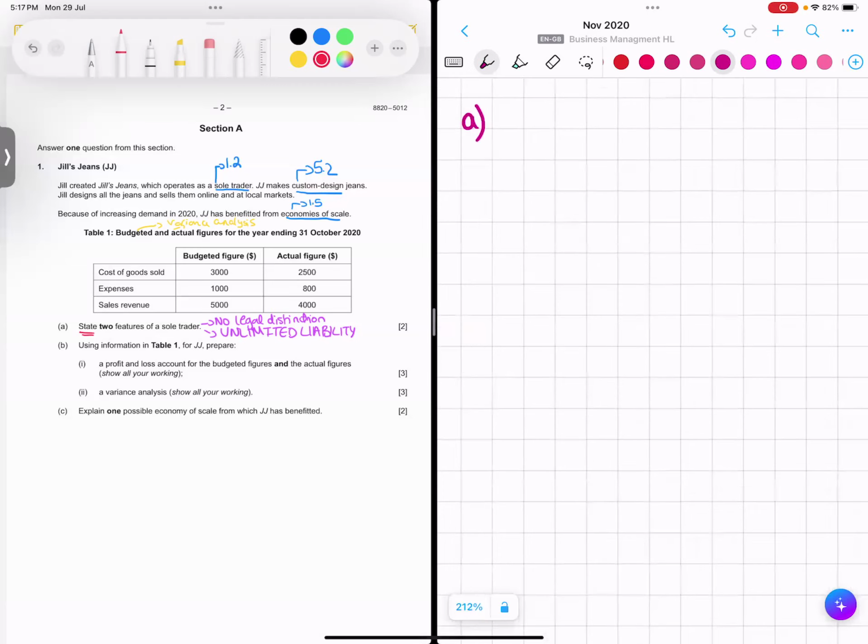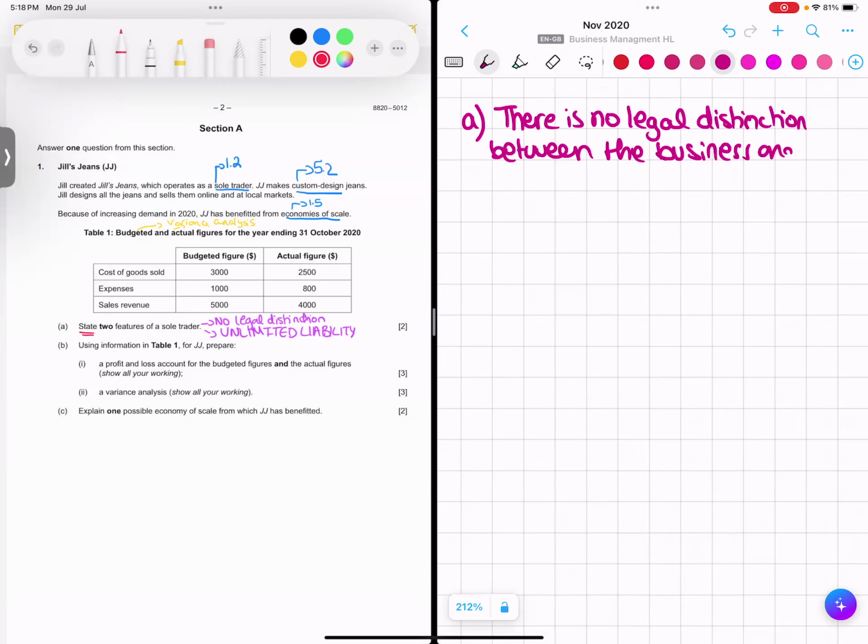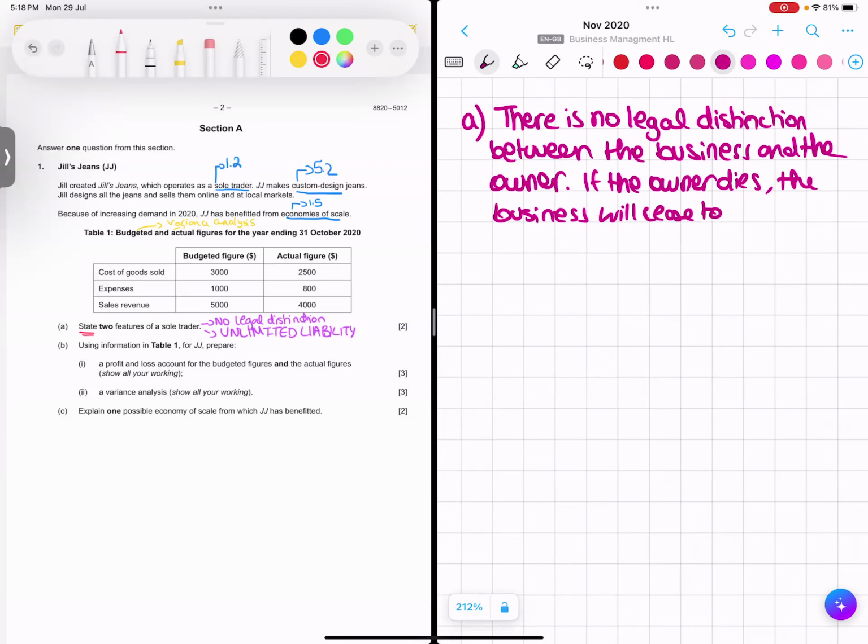So let us begin. The first thing I would say is that there is no legal distinction between the business and the owner. If the owner dies, the business will cease to exist.